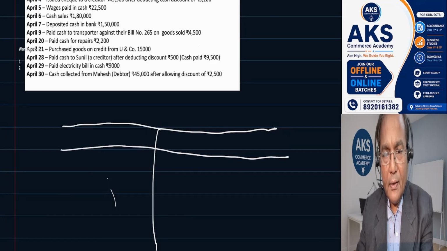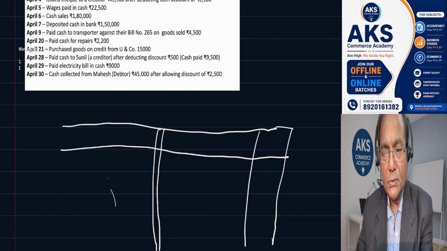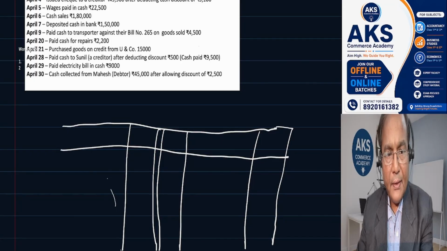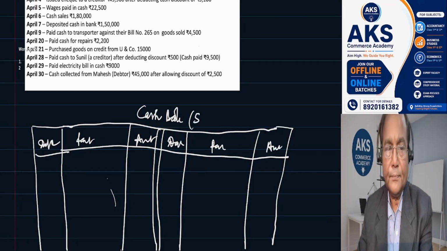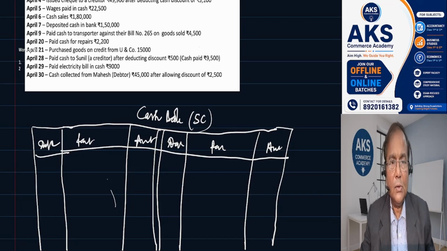There will be just two sides, with a date column, particulars, and amount column on each: date, particular, amount, date, particular, amount. Cash book, single column.